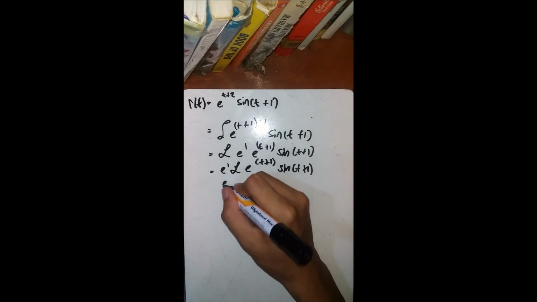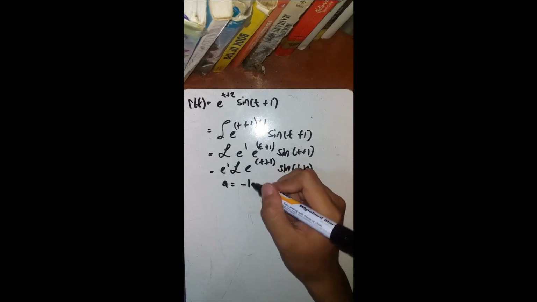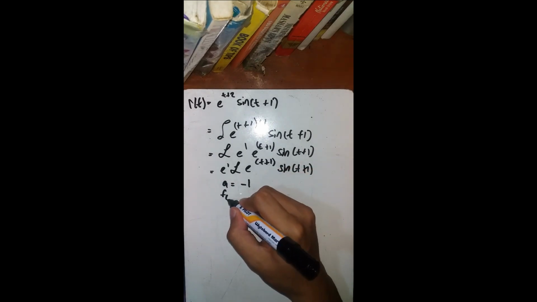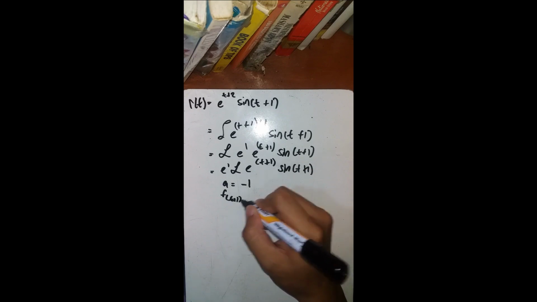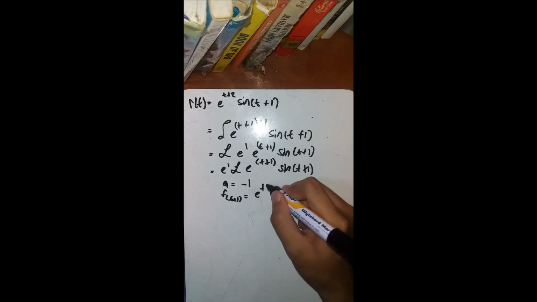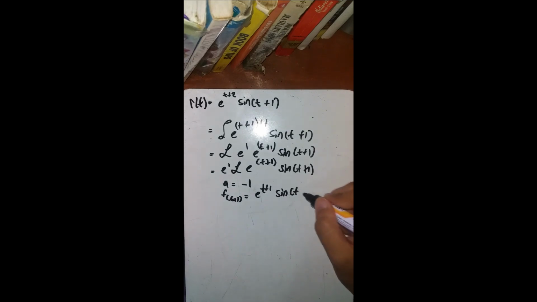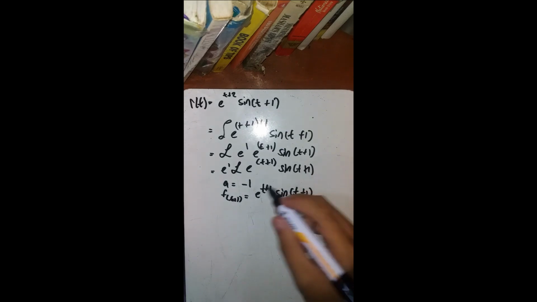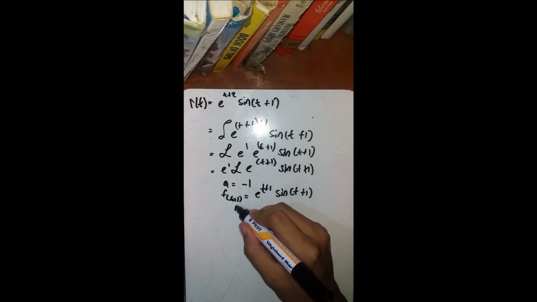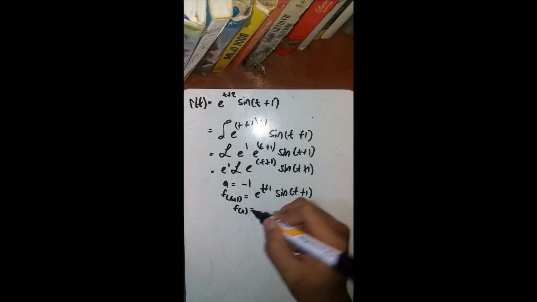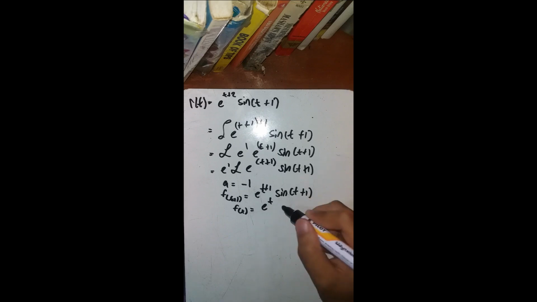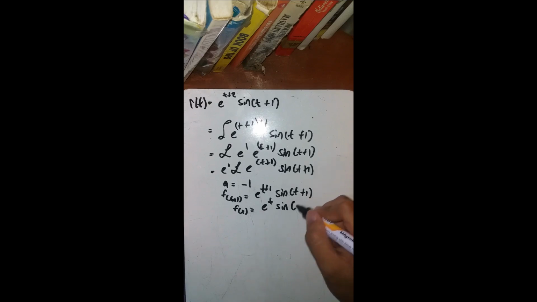Okay, so your a here is equal to negative 1. So your f of t plus 1 is equal to e raised to t plus 1 times sine of t plus 1. So we took out the plus 1 here, so your f of t is just equal to e raised to t times sine of t.